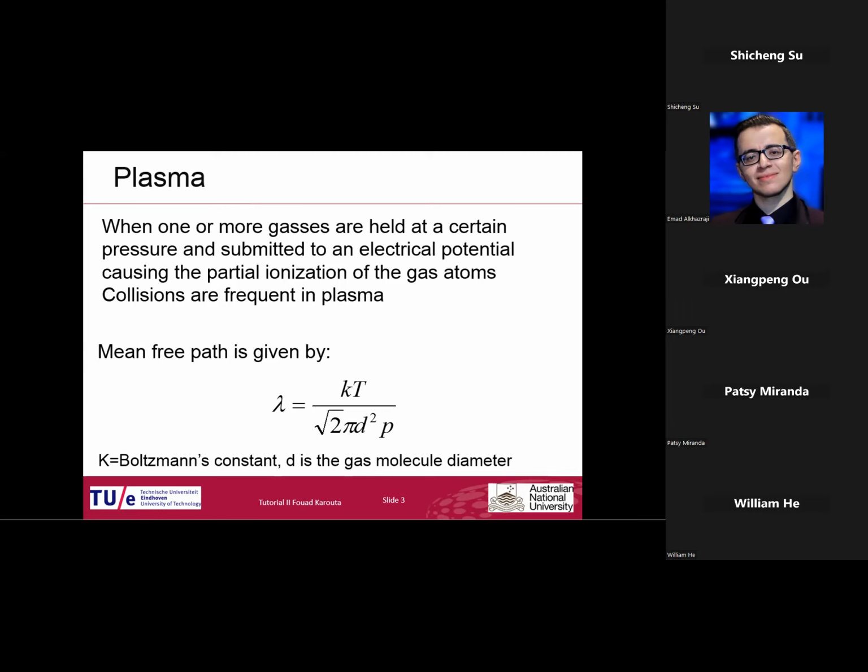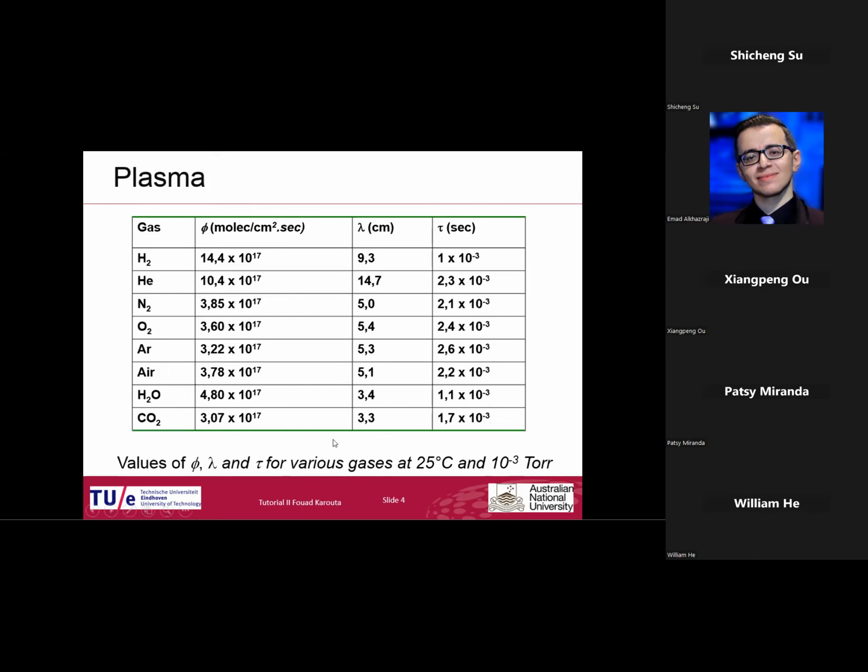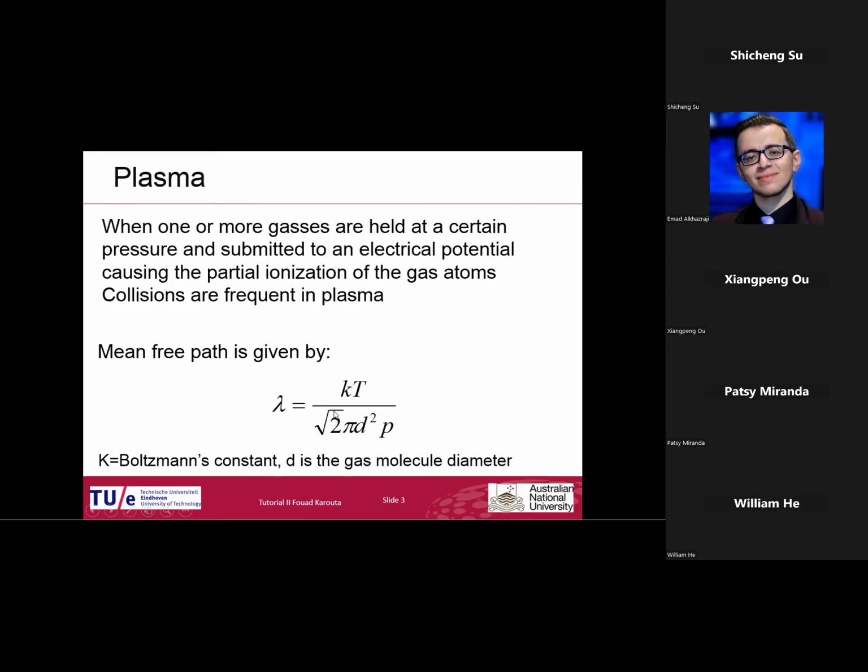So that is a factor we need to keep in mind when you are doing etching. I'll come to that later. But the more efficient plasma will be a plasma at lower pressure, because you see the mean free path is inversely proportional to the pressure in the reaction chamber. It also depends on the gas itself.